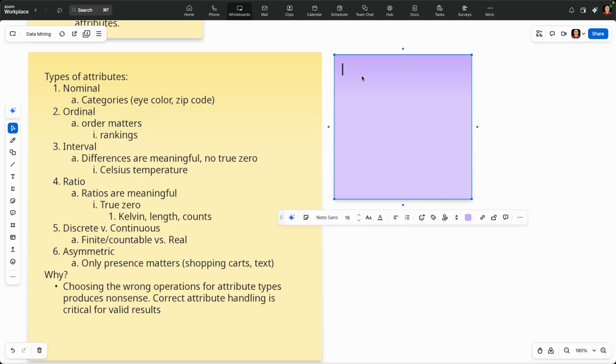All right, now we'll go to characteristics of data. Dimensionality: how many dimensions are there? Number of attributes. High dimensionality leads to the curse of dimensionality.